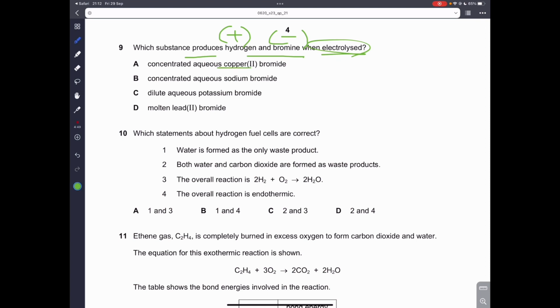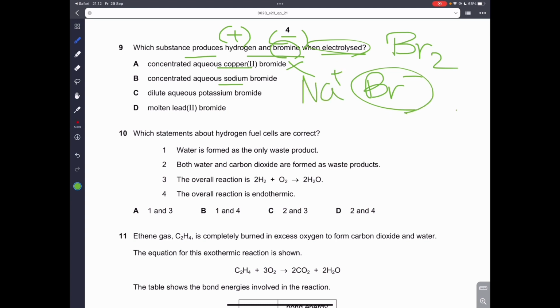So we cannot use copper, we can use sodium, and obviously bromine is going to get produced. This means we must have a bromide ion inside the ionic compound that we are going to be electrolyzing. So there should be a bromide ion, there should be a sodium ion, so there's going to be competition. H+ is going to be selectively discharged over the Na+ ion.